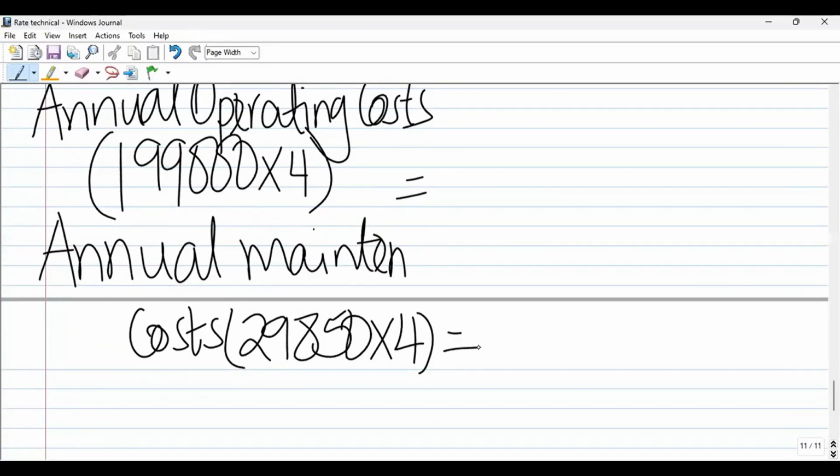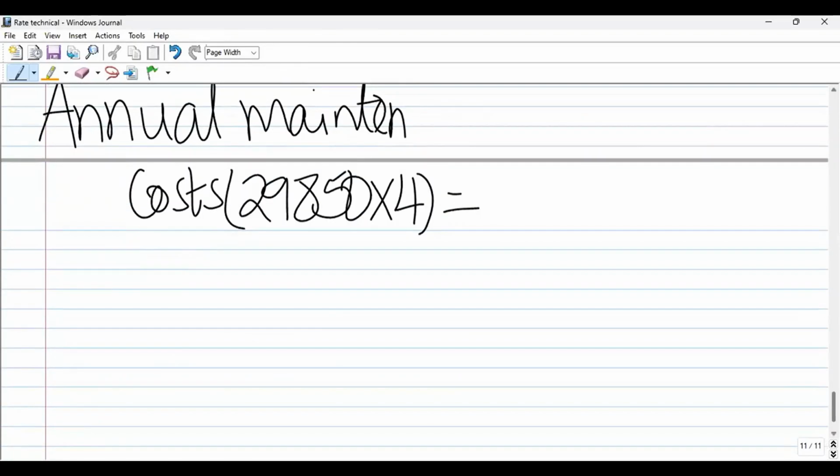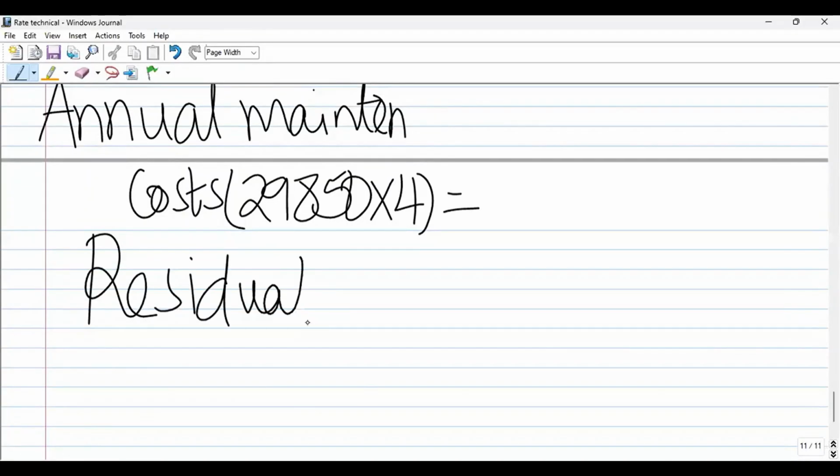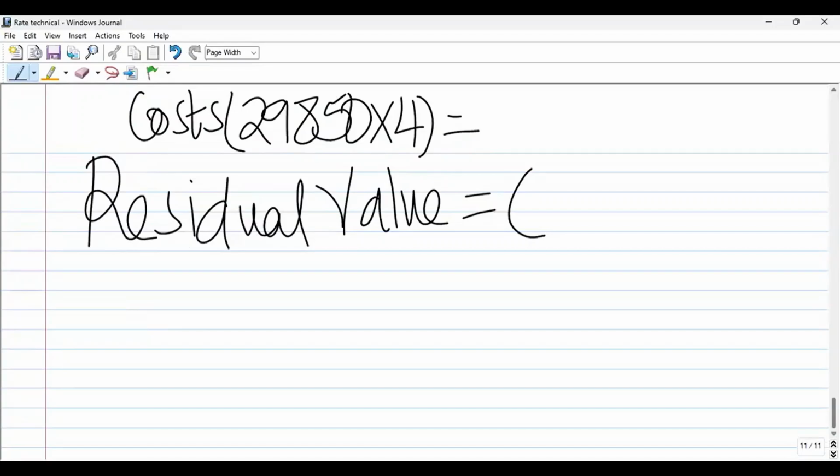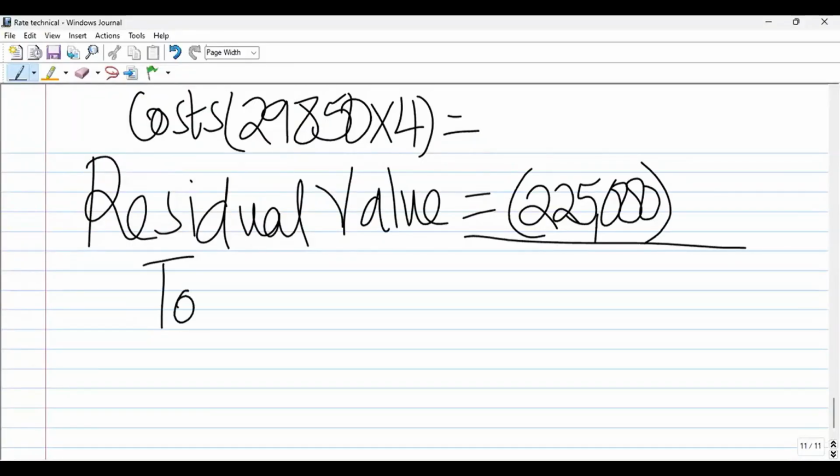So I put the figure there. Next, we have residue value. So residue value, I just put my amount in brackets. So the residue value here is 225,000 in brackets. So I get my total life cycle costs.